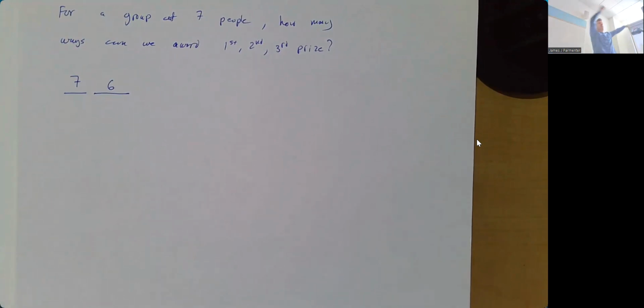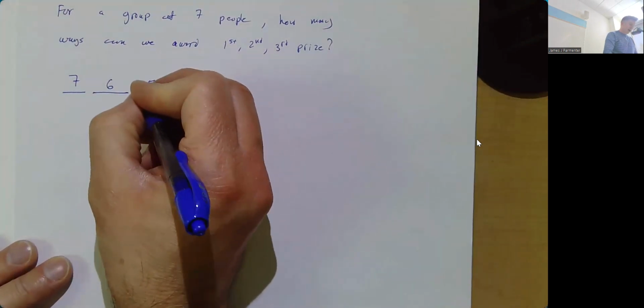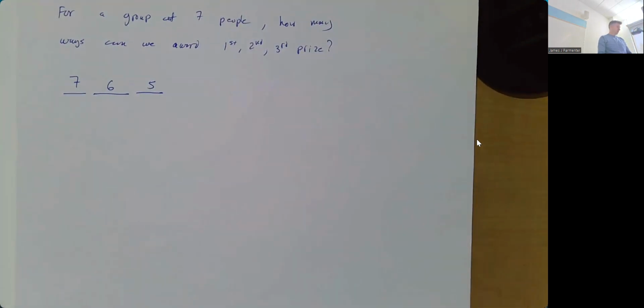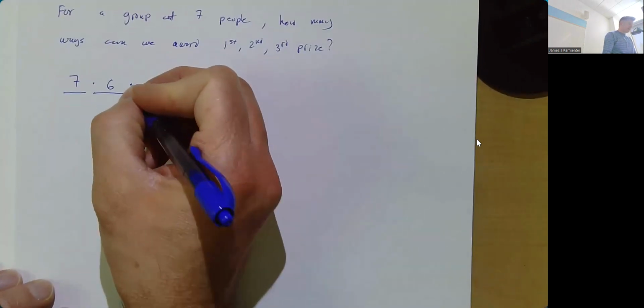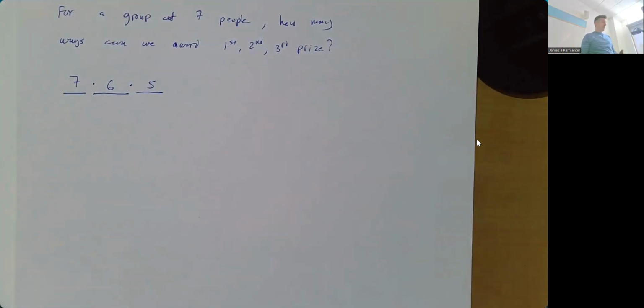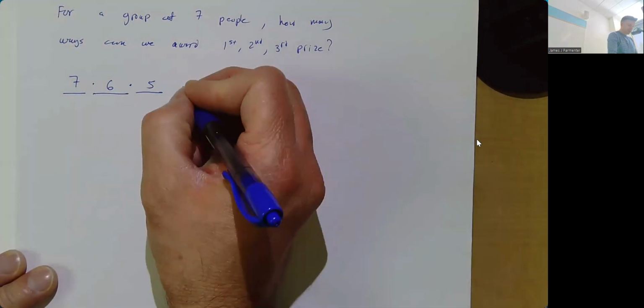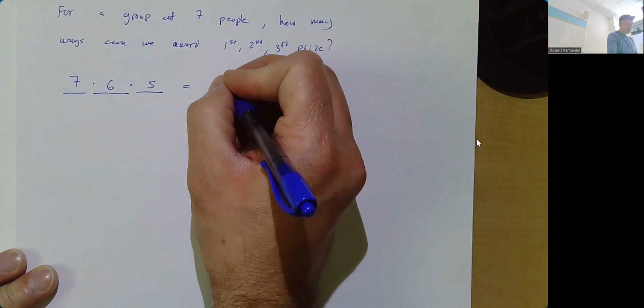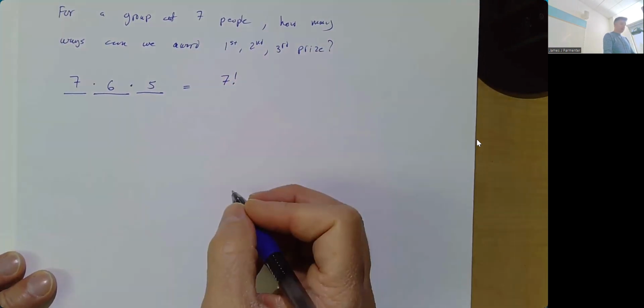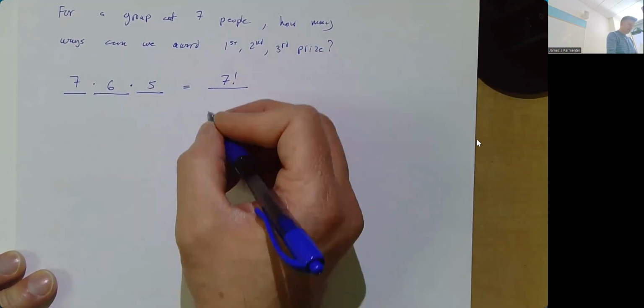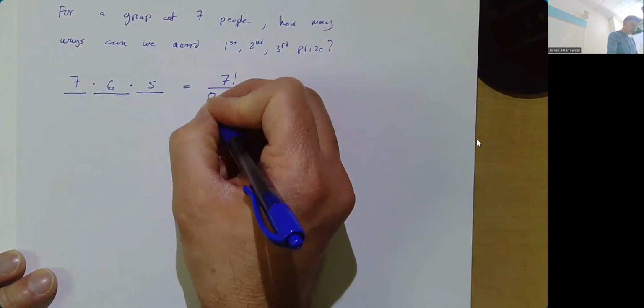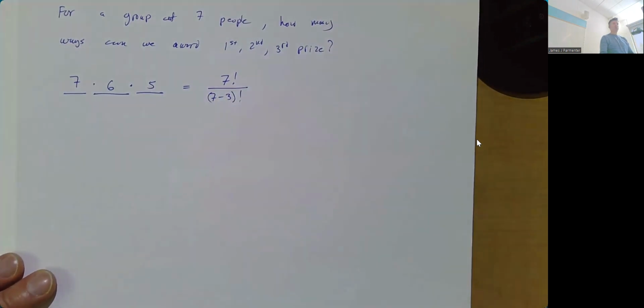But maybe I picked a different person for first, and then the person who was the first place choice now could be an option for second place. And then finally, 5 choices for the third place position. If it were me, I would probably just write my answer like this. But I will point out that this could also be written as 7 factorial divided by 7 minus 3 factorial.